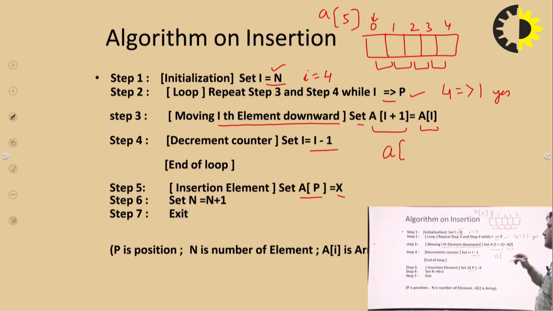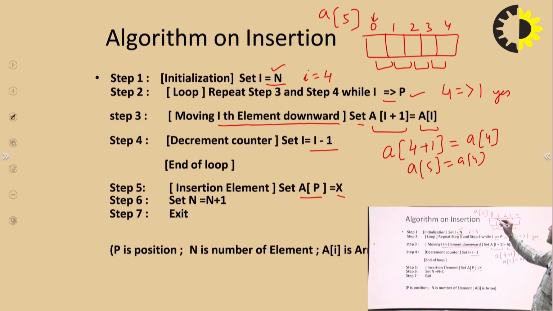Yes. Then the ith element moves downward. Set A of I plus 1. What is I? I is 4. 4 plus 1 is equal to 5, so A of 5 is equal to A of 4. So we have A5 equal to A4.